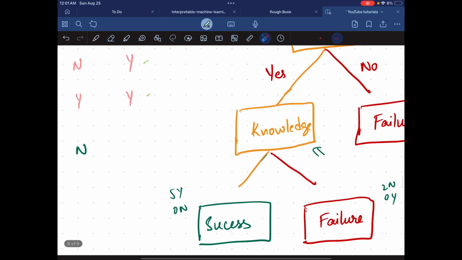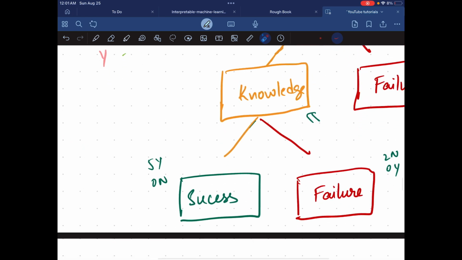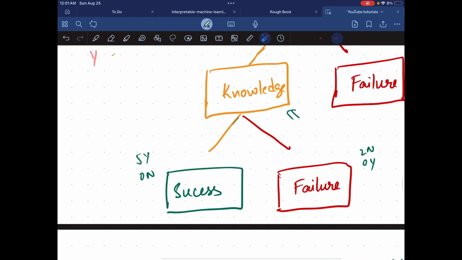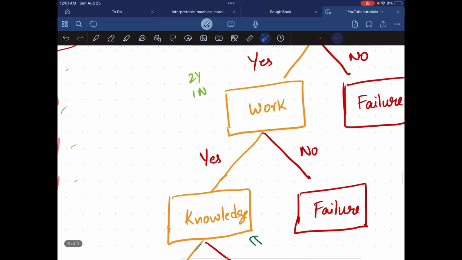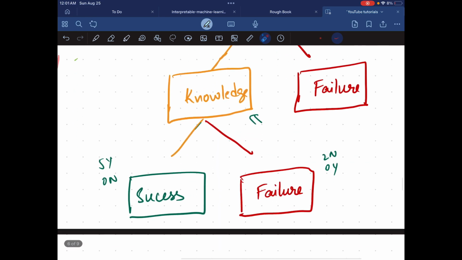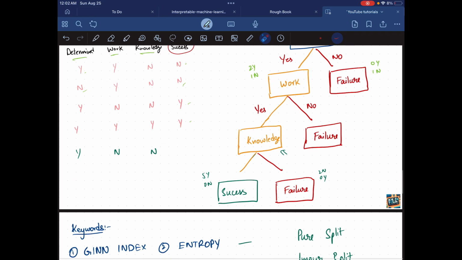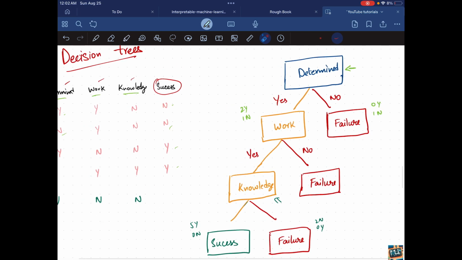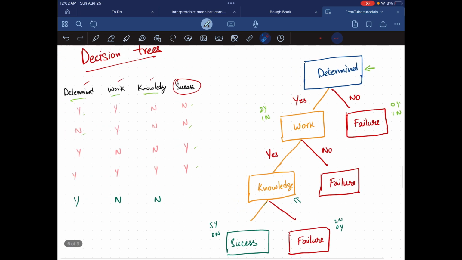Then coming to knowledge, you check the third feature, yes or no, and that's how you come to a conclusion where he's successful. If he's knowledgeable, he puts in the work and he's determined, then he is successful, or else he's a failure. Such rules are derived based on the data.